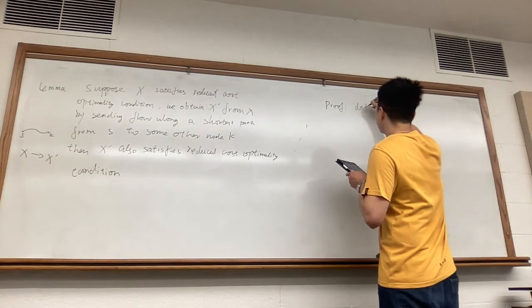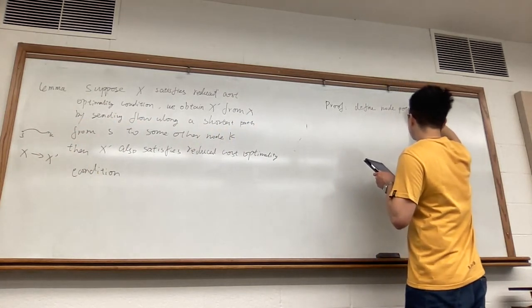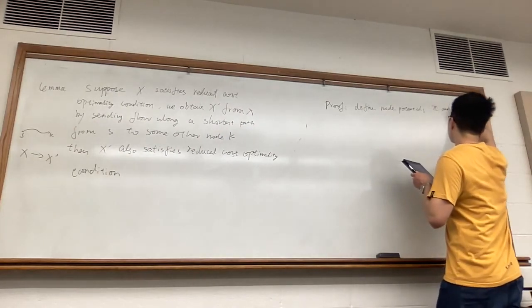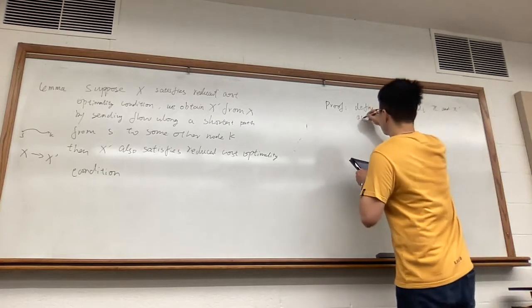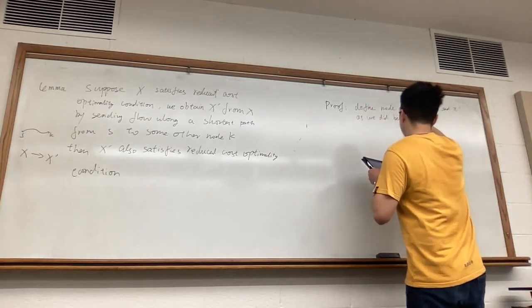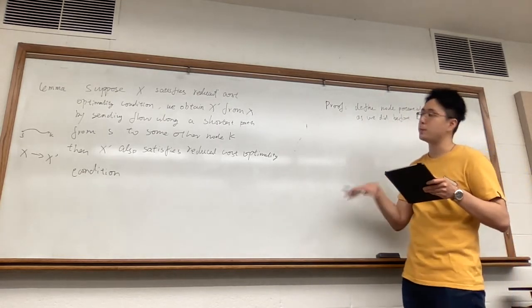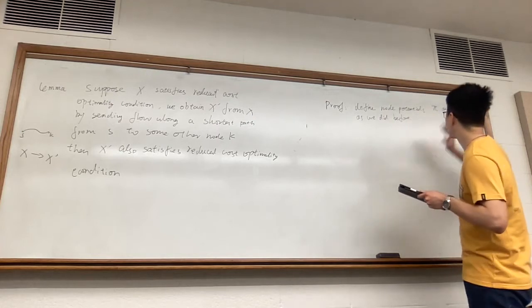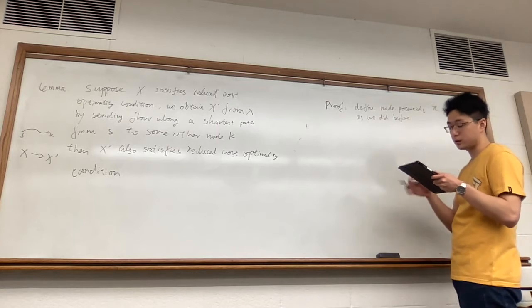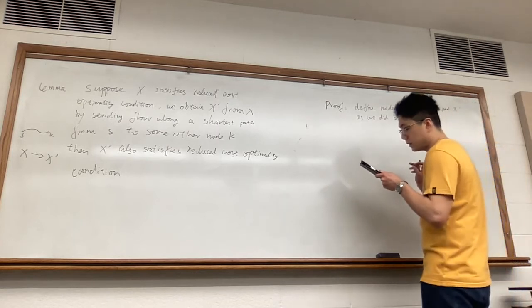Let's first define node potentials pi and pi prime as we did before. That's to say, initially you initialize some node potential pi, and you calculate the node potential pi prime as we have just introduced.